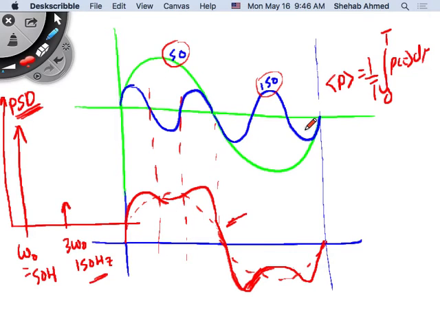So Fourier series will do the same thing. It will show that at 50 hertz, this will have a larger power spectral density. The power at that spectrum, at 50 hertz, will be higher because this waveform originally had a larger area under the curve in the time domain. Okay?